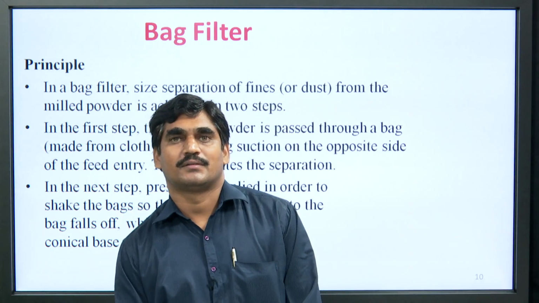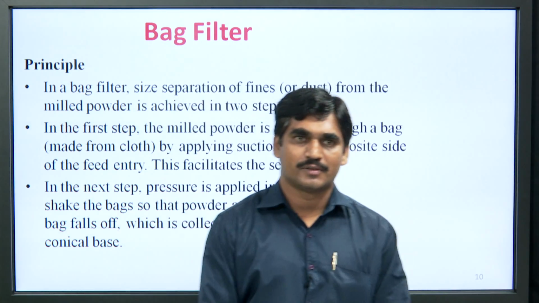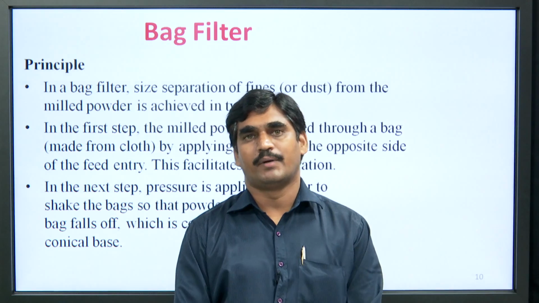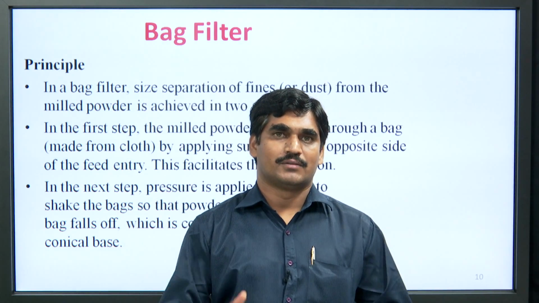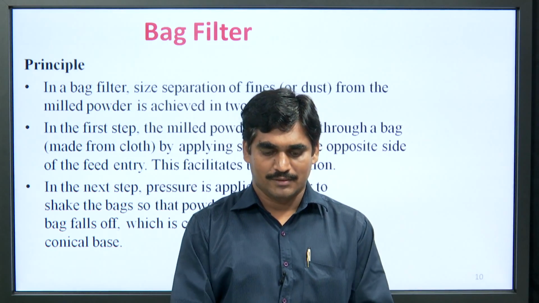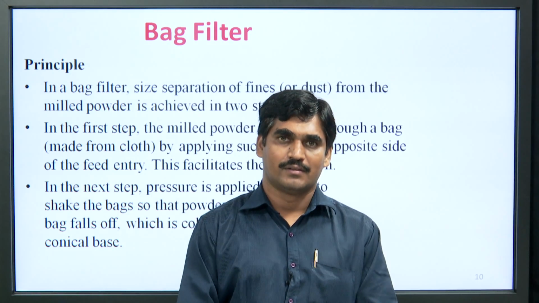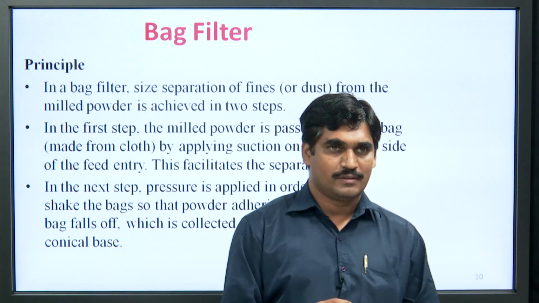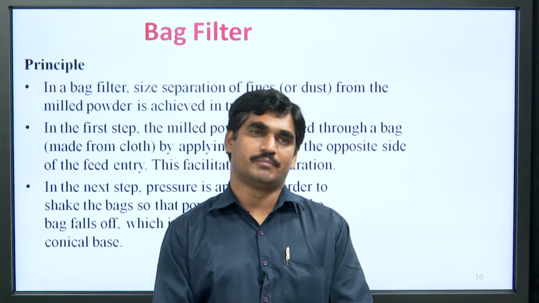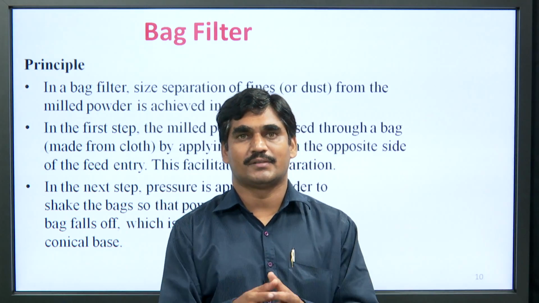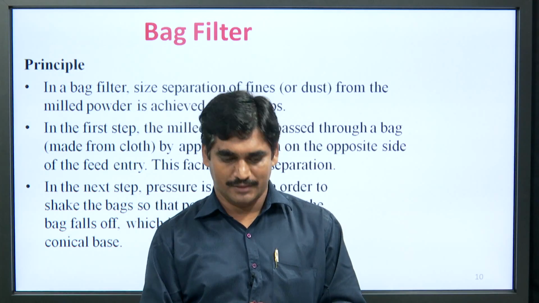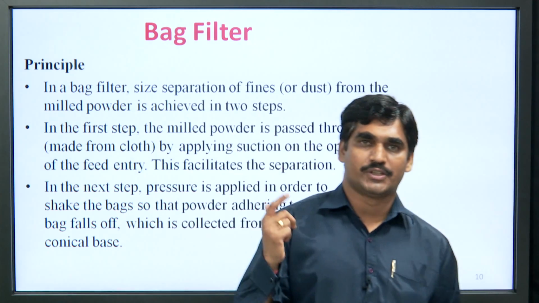Next apparatus that we are using for the size separation process is the bag filter. In a bag filter, size separation of fines, or we can say the dusts, from milled powders can be achieved. This size separation process takes place in two steps.